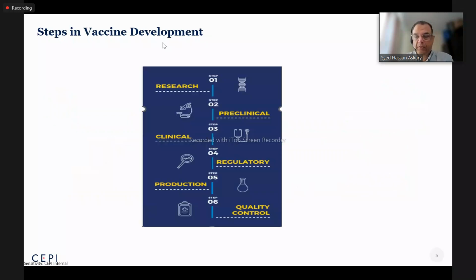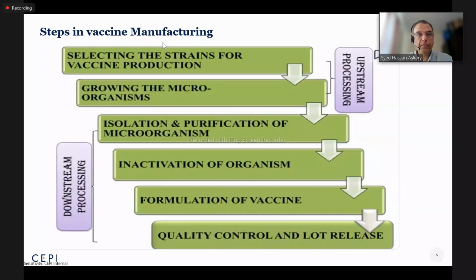And this is another schematic we have talked about. I thought it would give us a good depiction. What are the steps in vaccine manufacturing? These are the upstream process and the downstream process. Basically, in upstream, you have the strain, you grow the strain, you amplify in bioreactors, let's say, and then purification of the microorganism.